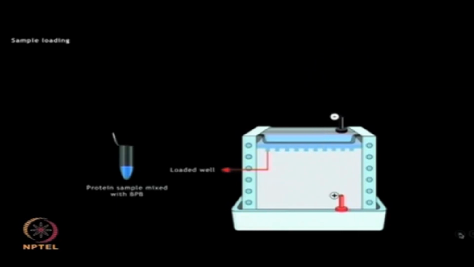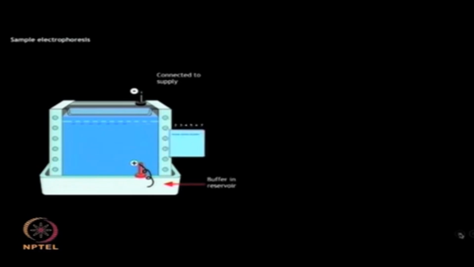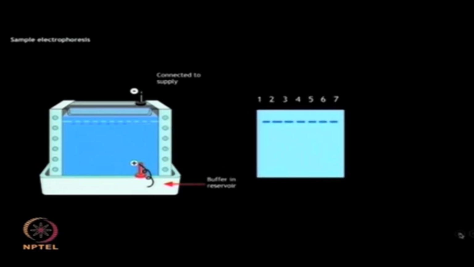Once all the samples are loaded, this unit can be placed into the electrophoretic unit and a direct current supply of around 100 to 350 volts can be passed, depending upon the size of the gel, for a time sufficient to separate the protein mixture into discrete bands based on their charge to mass ratio. The progress of electrophoresis can be observed with the help of tracking dye.